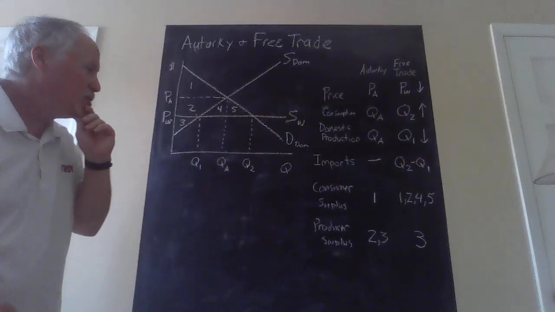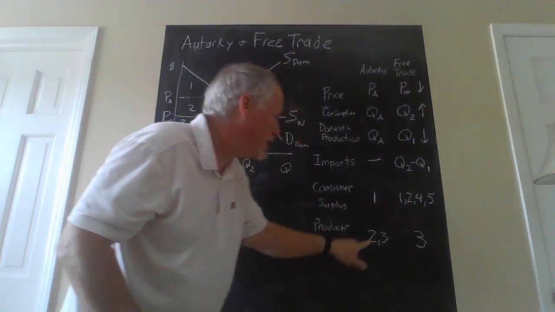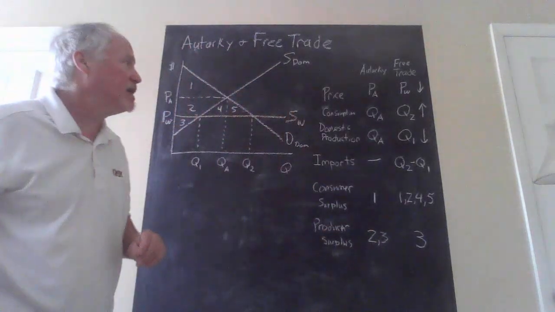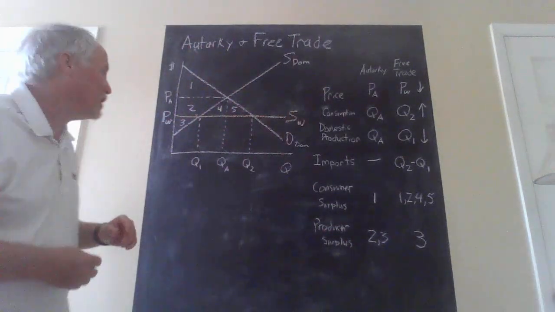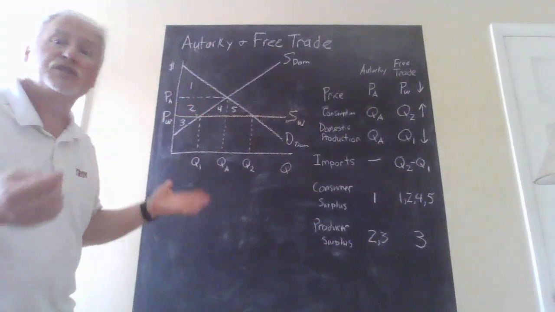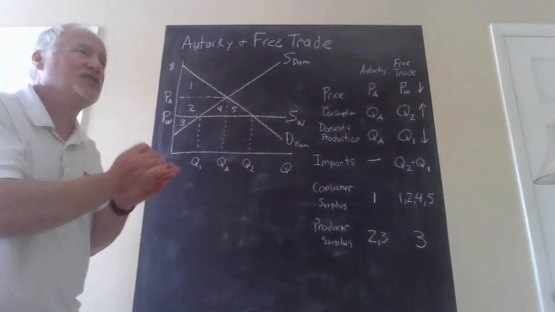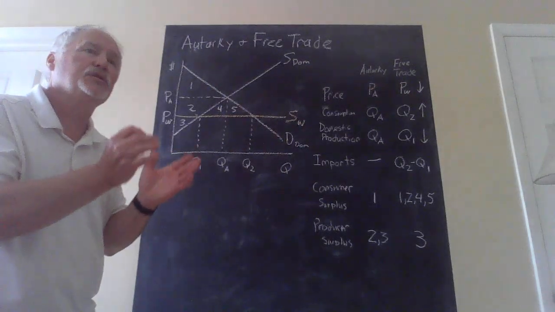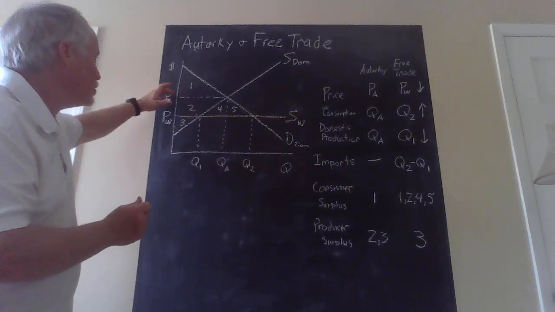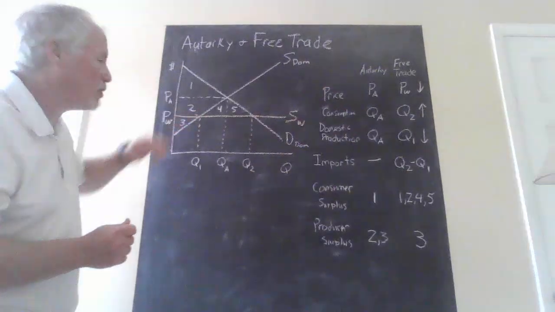But if we look at consumer and producer surplus, we see one additional thing, area 2. Area 2 was producer surplus in autarky. It is consumer surplus with free trade. So this was surplus before, it's still surplus, but the identity of who's getting it changes. It was going to the producers, but now it goes to consumers, because consumers can buy these units at a lower price.